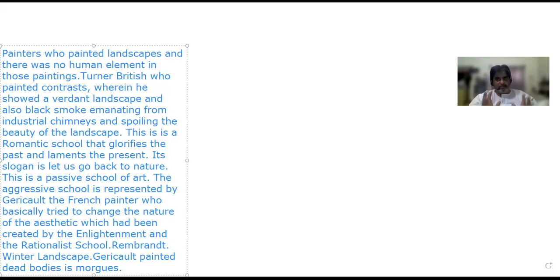And the aspect that he wants to show is the ugliest part of the dead body. He even painted rats eating the dead.